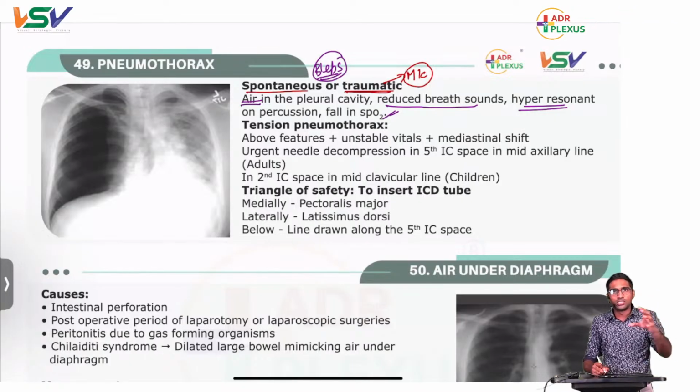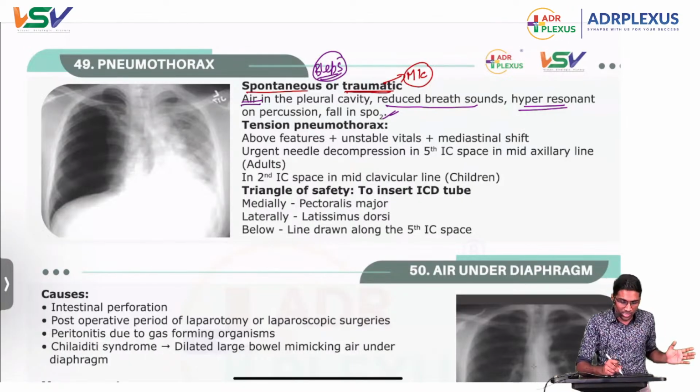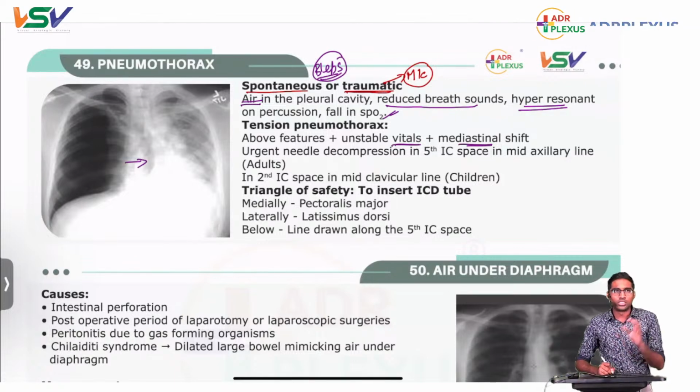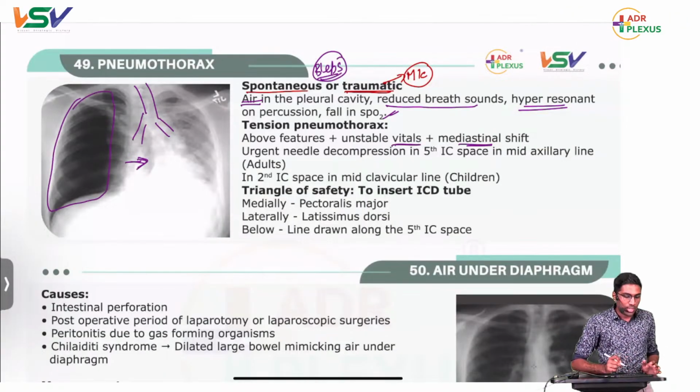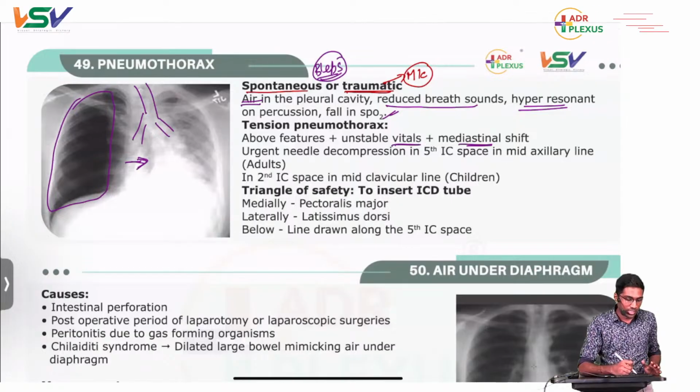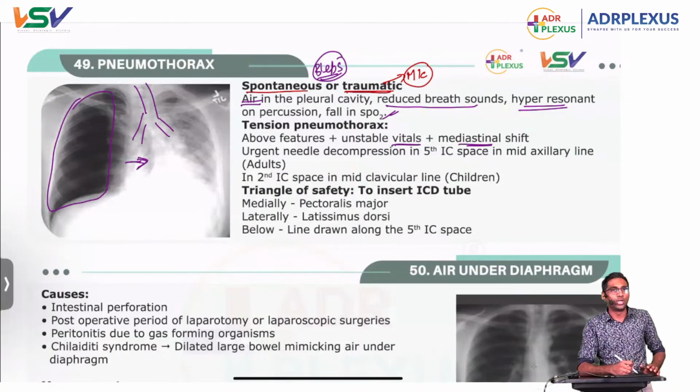If all these symptoms are present with unstable vitals and a mediastinal shift, you can see here, this is known as a tension pneumothorax. Even the trachea is deviated here and the mediastinum is also pushed to the opposite side. The lung is completely collapsed and air is within the pleural cavity.